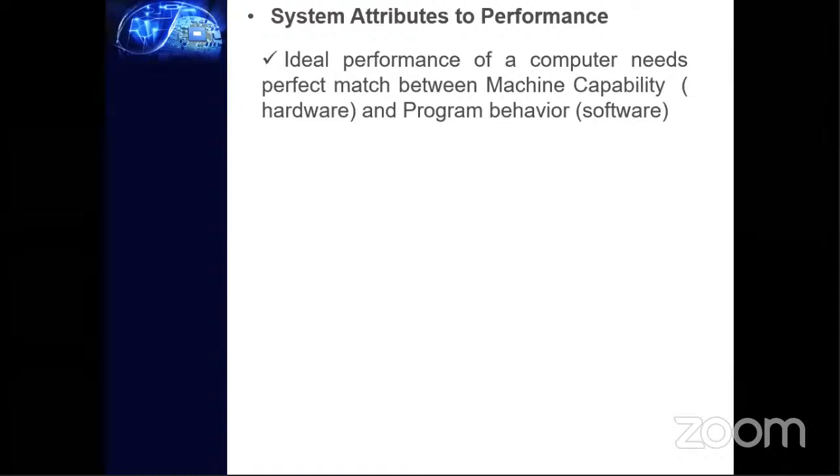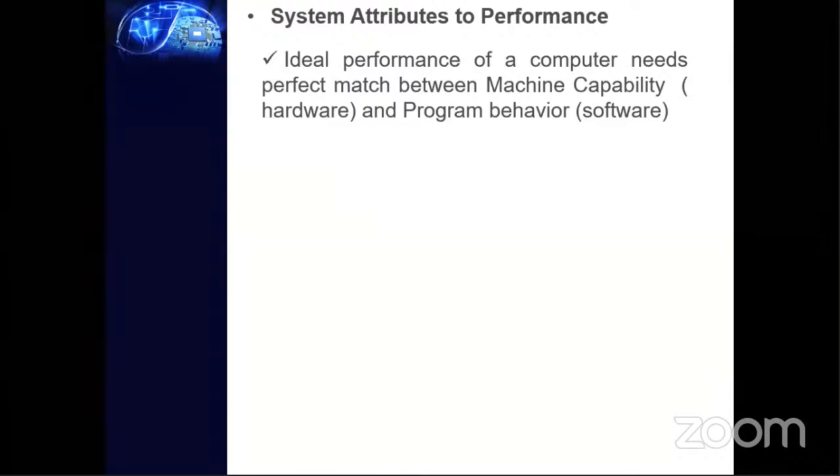Okay. So under this topic, first we have to consider the ideal performance of a computer. Ideal performance means the maximum performance, the expected performance.